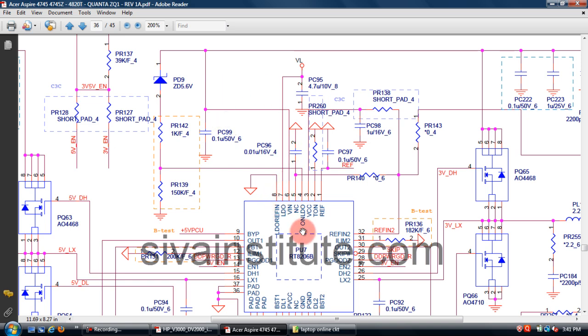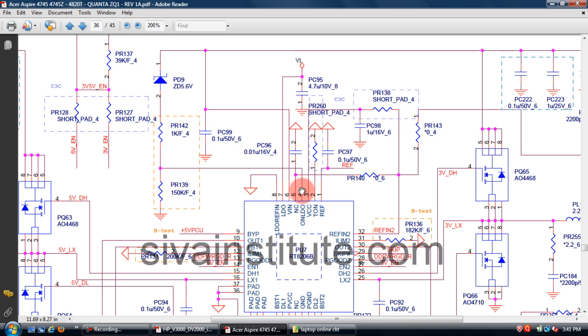When you give LDO EN on, this GNR drops 5.6 volts, and the remaining voltage, that means 13 volts, comes here, and this voltage goes to pin number 4.